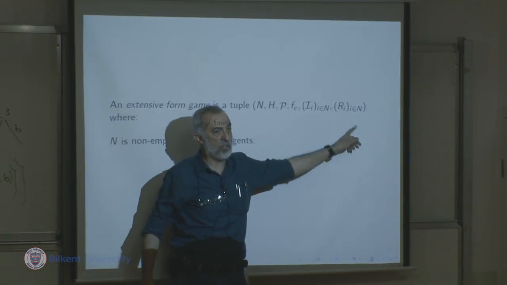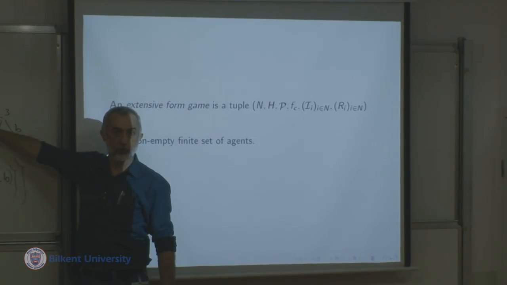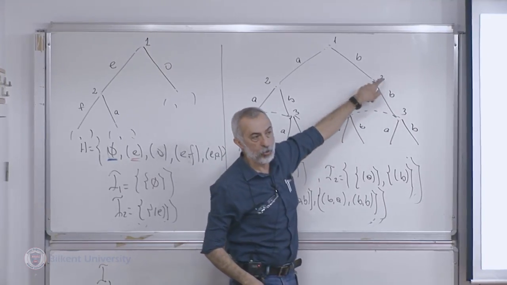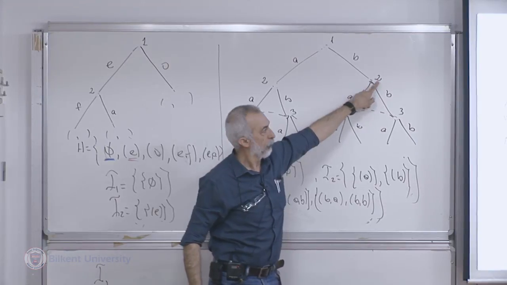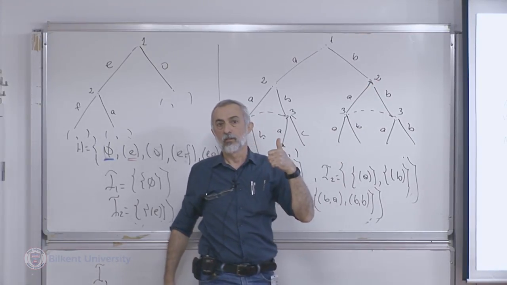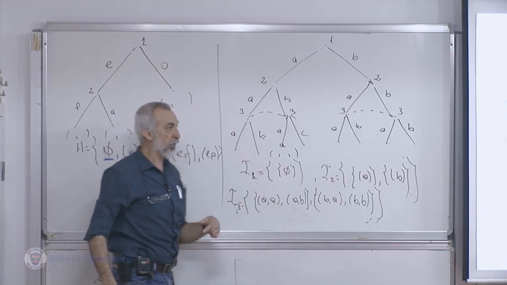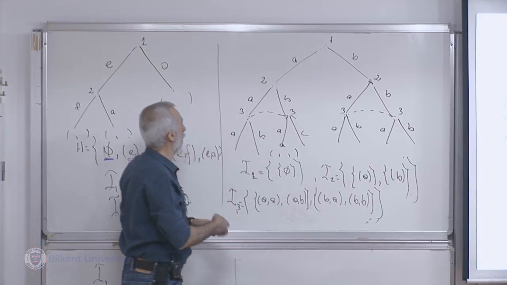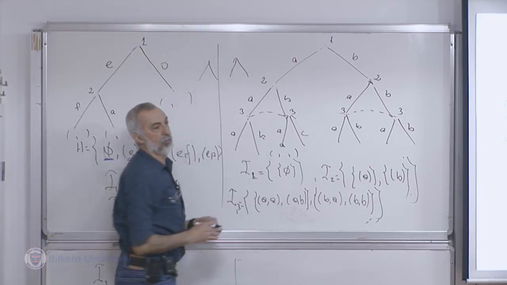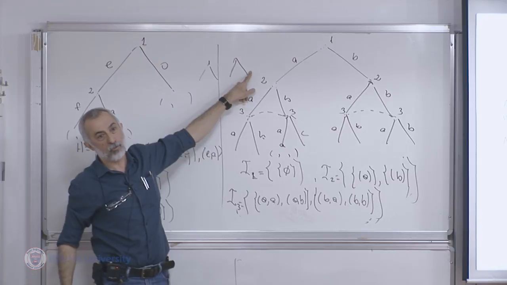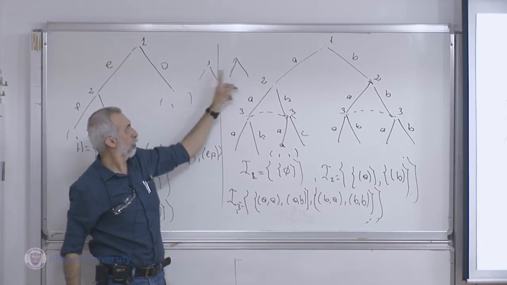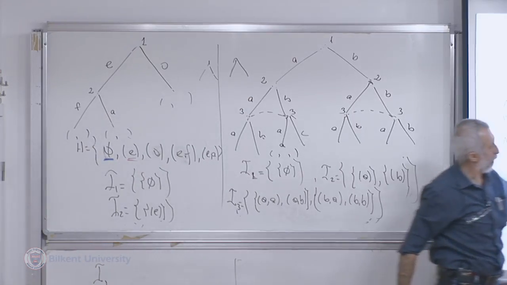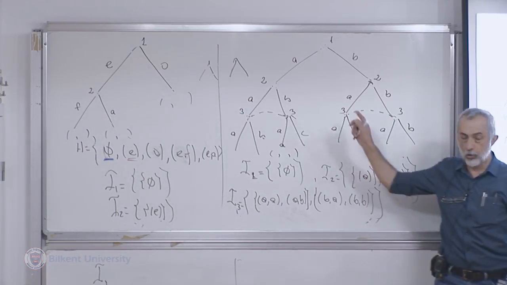So everything in here we can represent here. The histories are represented by nodes. The fact that there is a unique empty history means that every game starts with a single point. So you cannot have a case where player 1 and player 2 start the game. That's not possible. You can't have a game like that. So we talked about the histories, nodes.